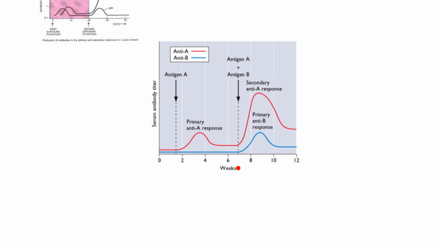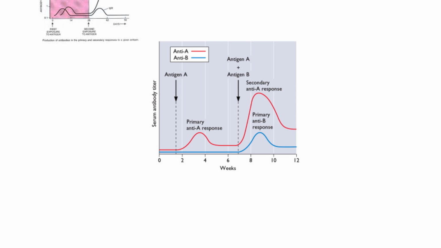Now here's the booster. Now when you get a booster after you've already had one, then you get a much bigger response. They're not saying it's IgG, but it is. And then antigen B was given in the same vaccine. See that? There's two antigens in the vaccine. You get a response, but it's the primary response, just like this.